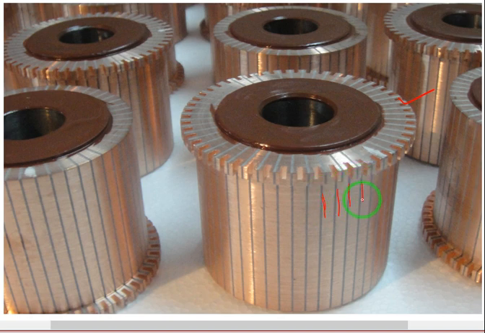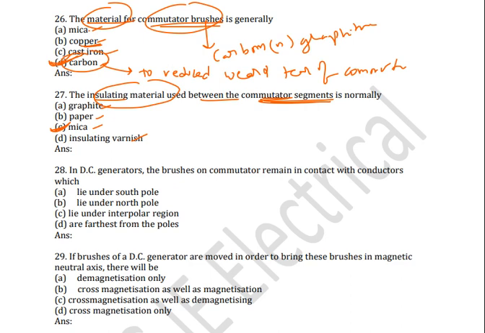In this gap they use mica insulation sheets, used for insulation. So the insulating material used between commutator segments is mica.